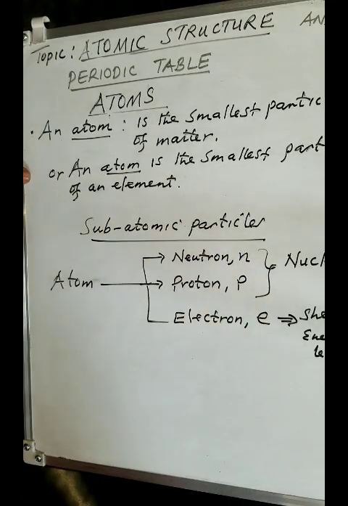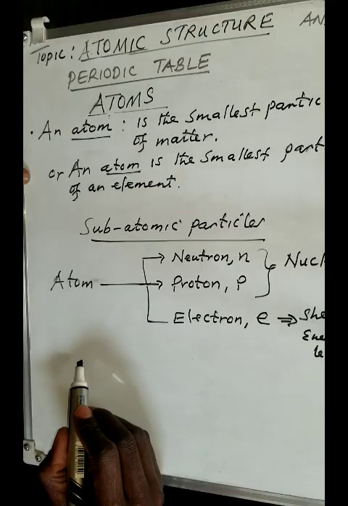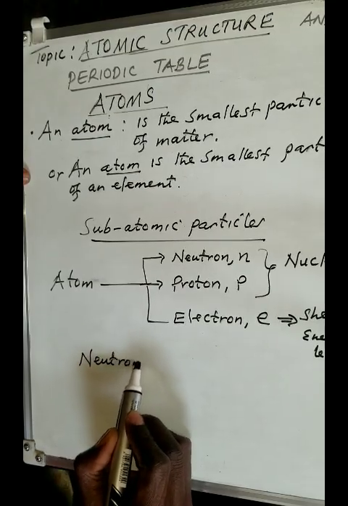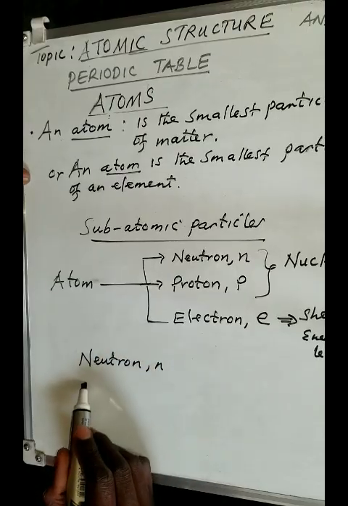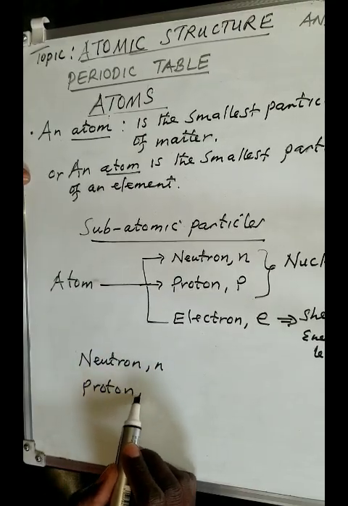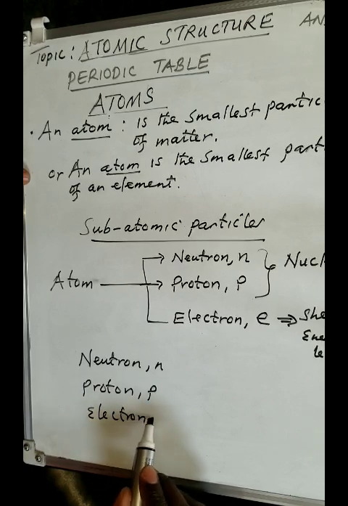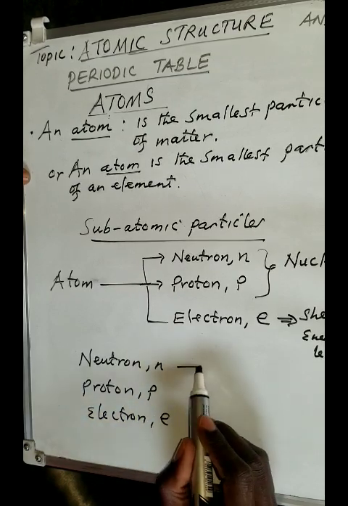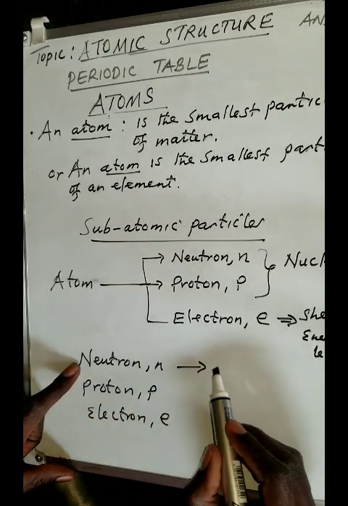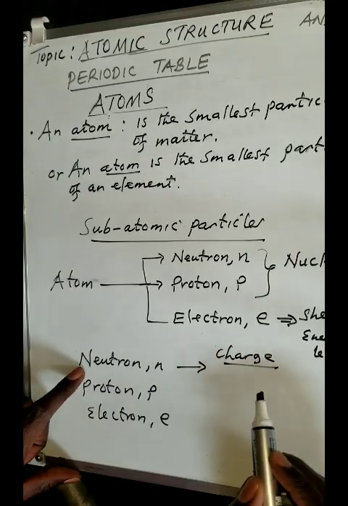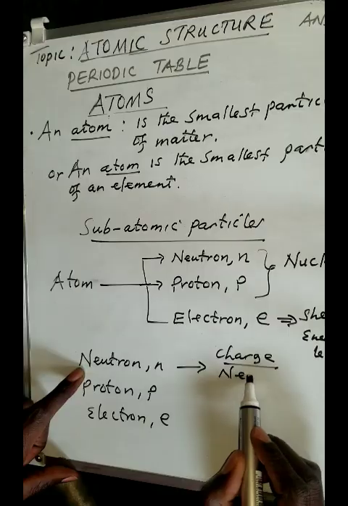Now, when we talk about these 3 particles, the neutrons, N, the protons, P, and the electrons, in this case I'm using E, you're going to find that in terms of charge, the neutrons are actually neutral.